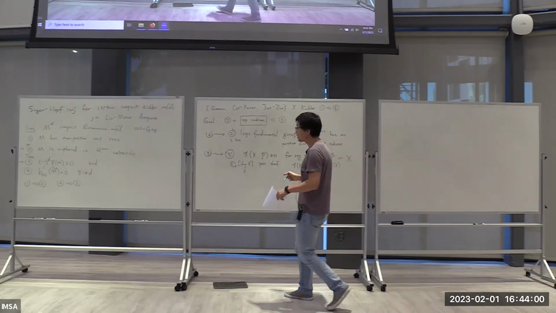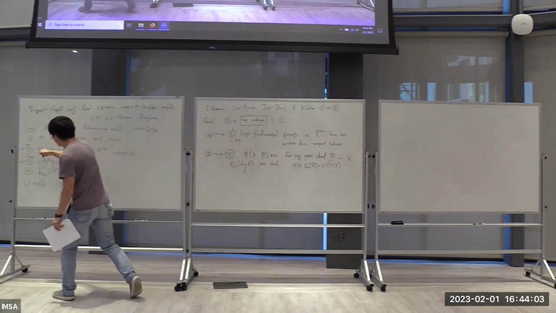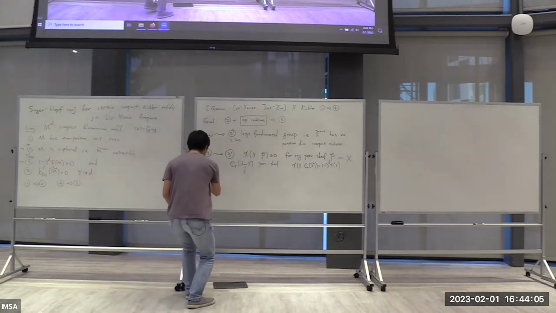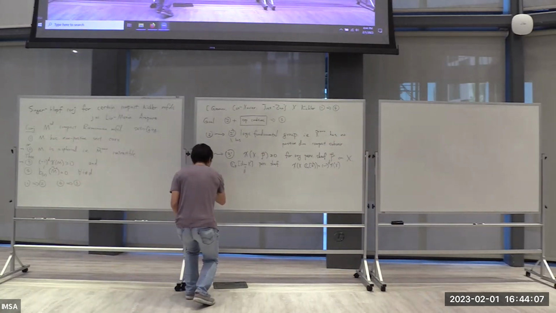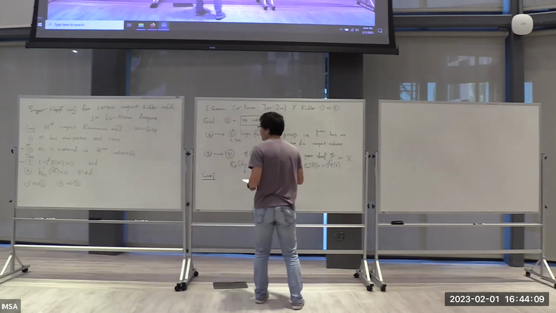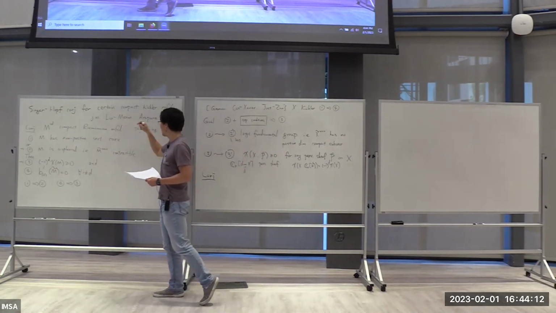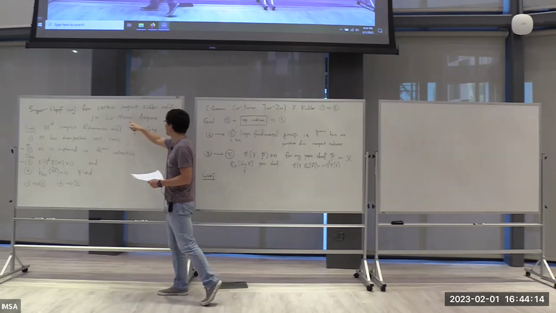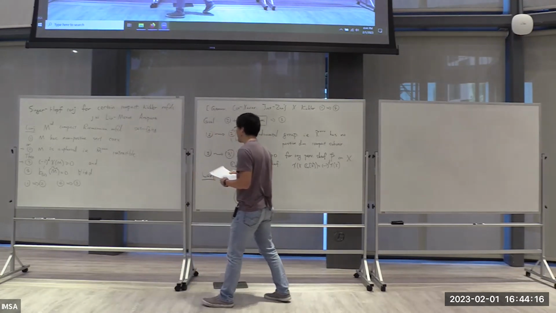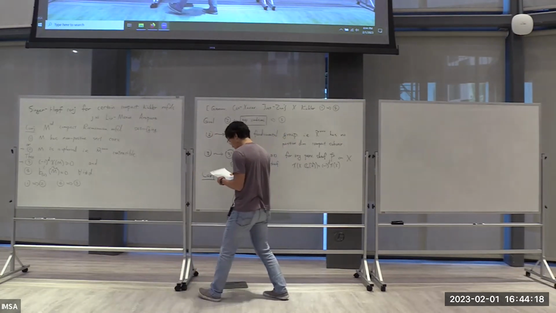So let's repeat the conjecture. Instead, I want to do 2 implies 3. So let me make this conjecture. It's hinted at in a joint work with Liu and Max, but it's written explicitly in my paper with Donu.